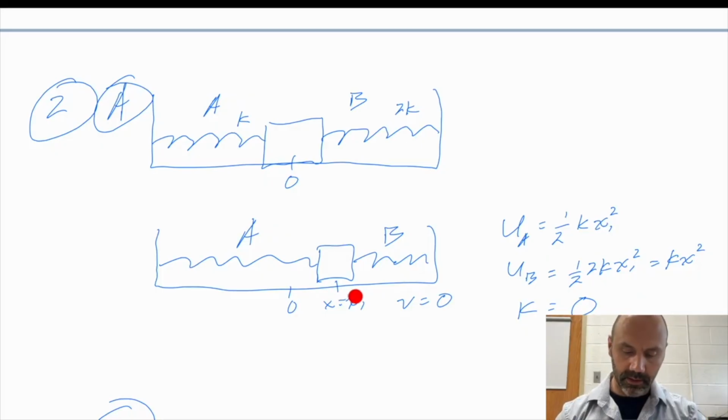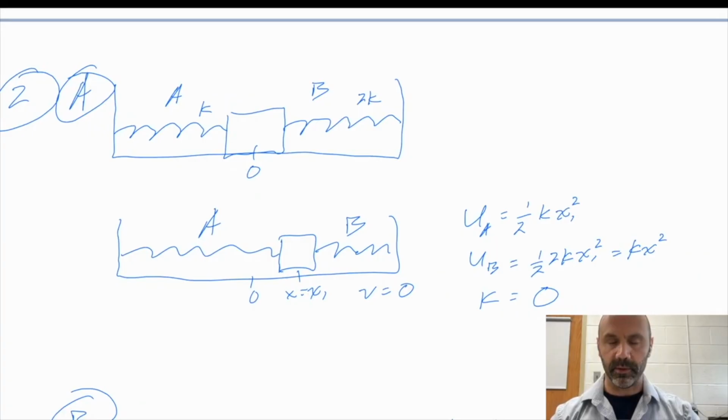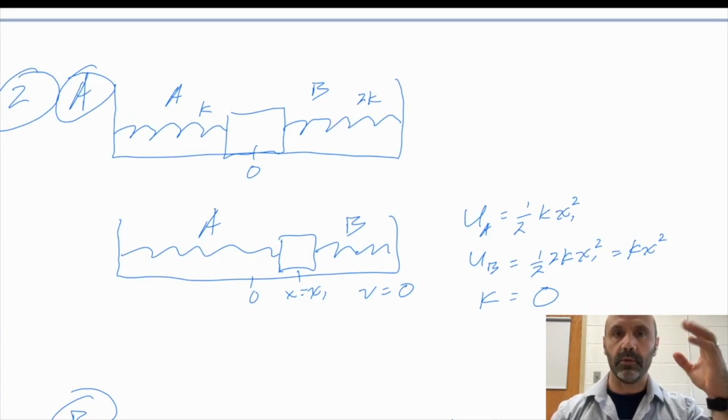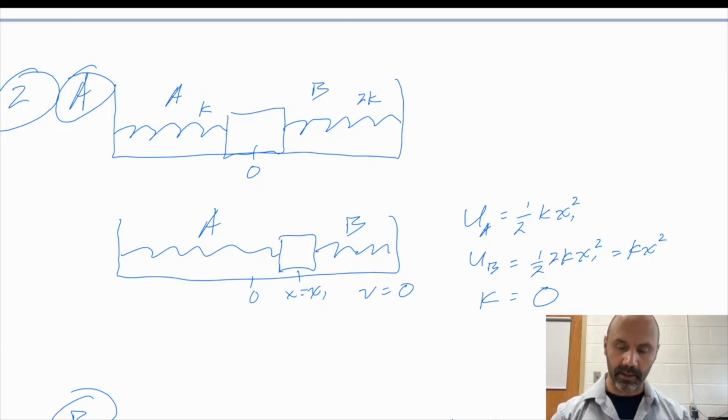So when this is brought to X equals X1, they give you a bar chart and they want to see, can you quantify and compare the potential energies in the springs and the kinetic energy. So the potential energy in spring A is 1/2 k x1 squared, and the potential energy in spring B, where 2k is the constant, is 1/2 2k x1 squared, so that's just k x1 squared.